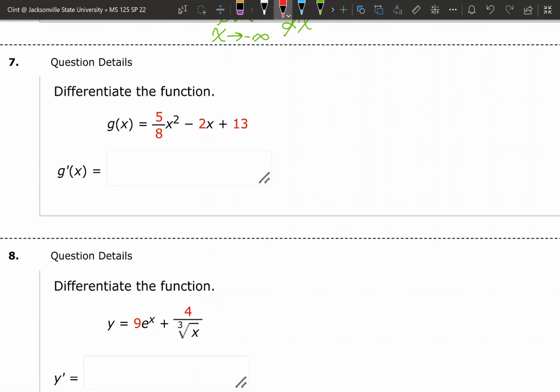We're into test 2. Differentiate the function. So what kind of differentiation tool do we need on this one? Power rule. Yep, that's all. So 2 times 5/8 would be 10/8. Subtract 1 from the exponent, backward from what we've been doing.